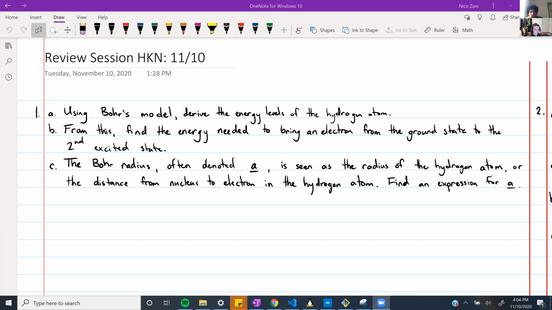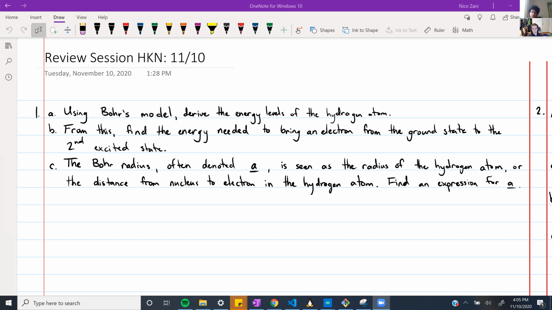All right. So one of the main concepts in this, and one of the first things I saw on the syllabus, was Bohr's atom. If you don't remember the four ideas of Bohr's model, I can list those out. But this first question is essentially surrounding that. The idea is first that using Bohr's model, you derive the energy levels of the hydrogen atom.